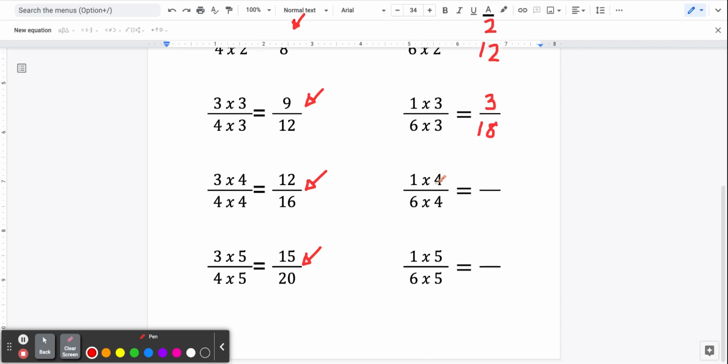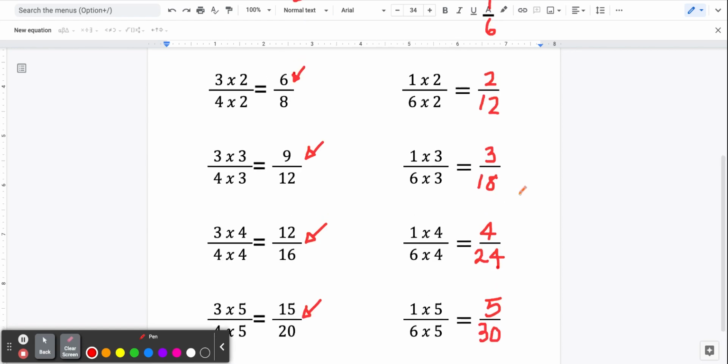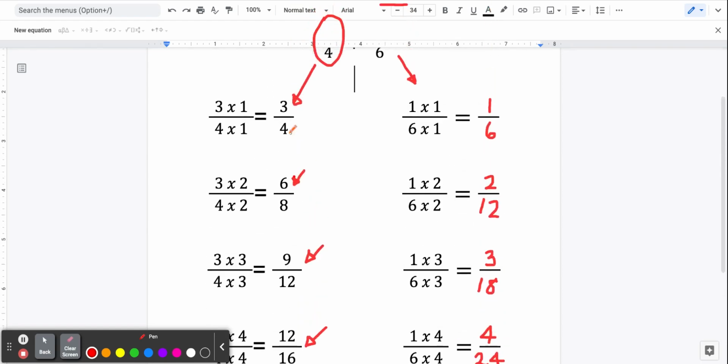The fourth one says 1 times 4 and 6 times 4, which results in 4/24. And the last one is 1 times 5 and 6 times 5, which results in 5/30.